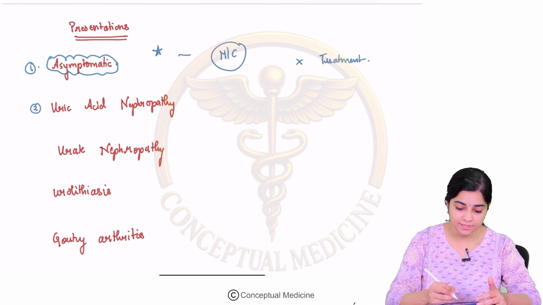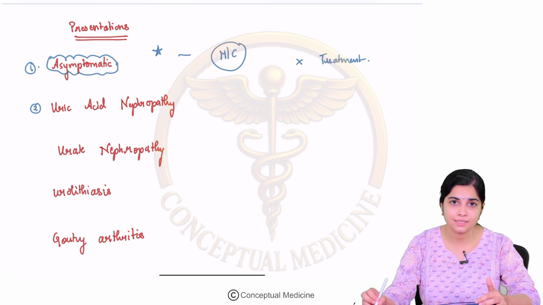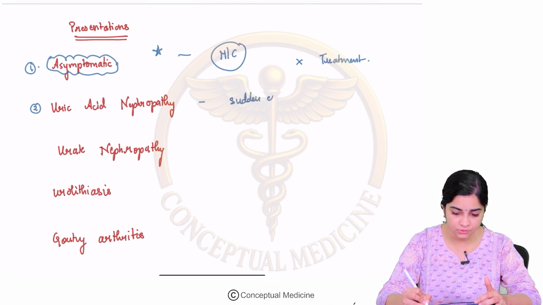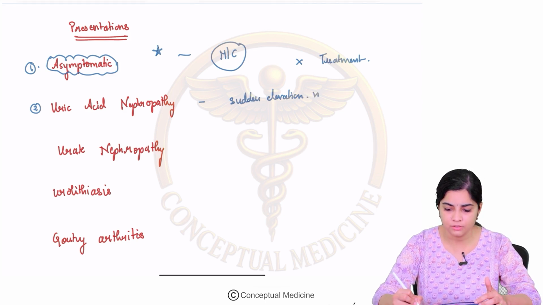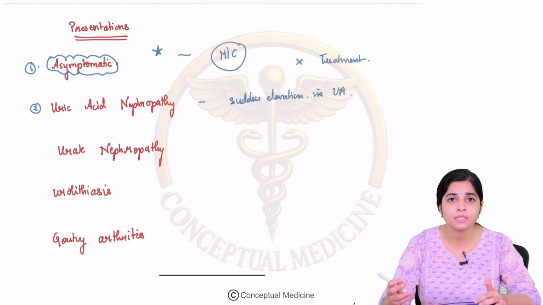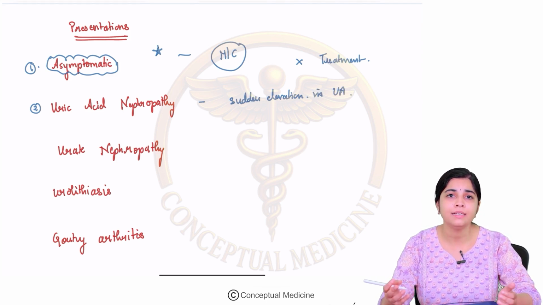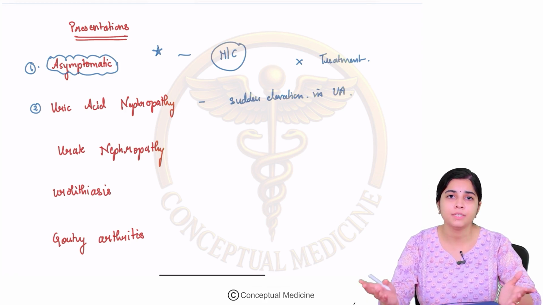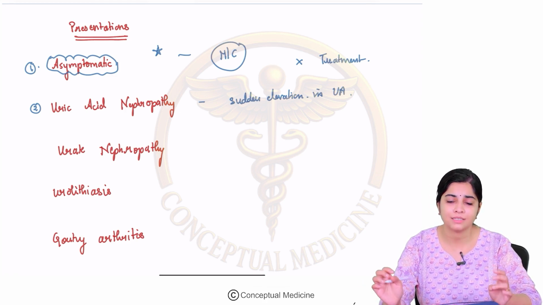Secondly, you can have uric acid nephropathy. Uric acid nephropathy usually occurs when there is a sudden or acute elevation in uric acid levels. This happens when there is high breakdown or high turnover of cells and more and more uric acid production, meaning purine metabolism is increased at a high rate.